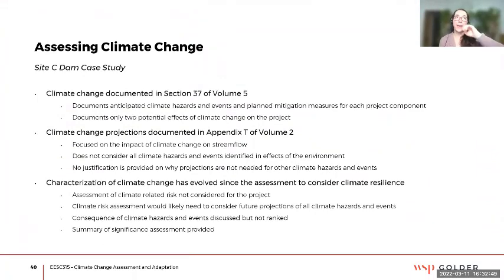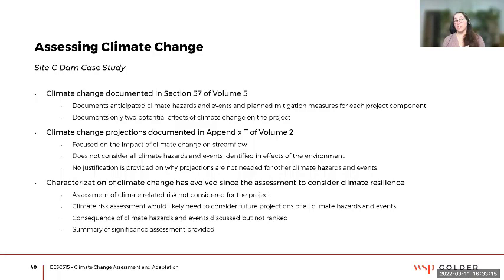So when I go back and look at the Site C dam case study, the climate change is documented in section 37 of volume 5. It does document climate hazards and events and plan mitigation measures for each project component. So that's great. But it only really documents 2 potential effects of climate change on the project, which I found very interesting after having multiple climate hazards earlier on.